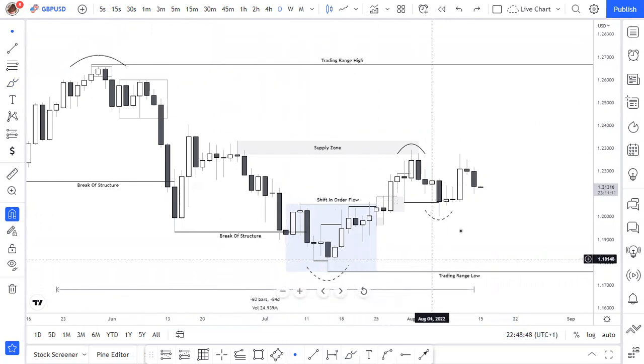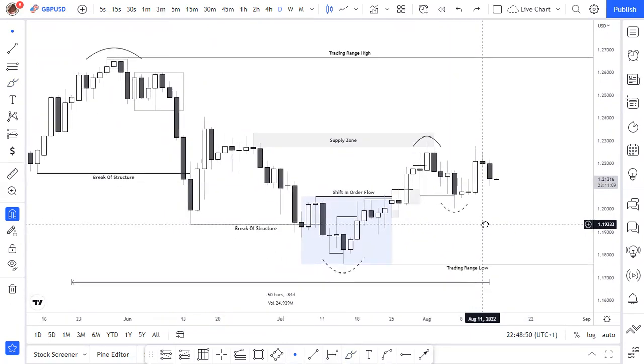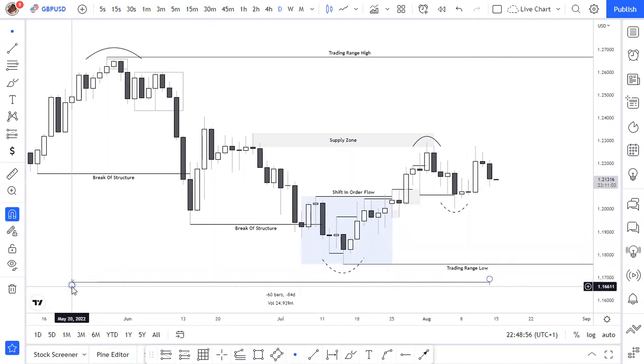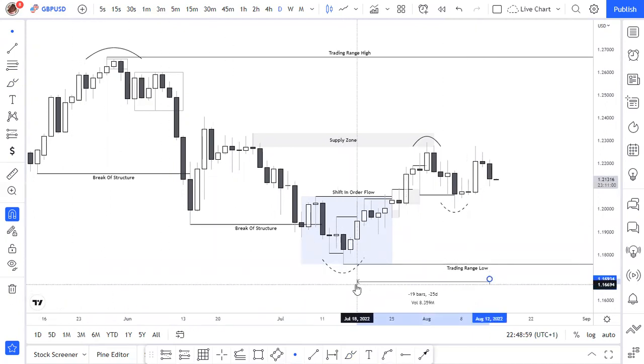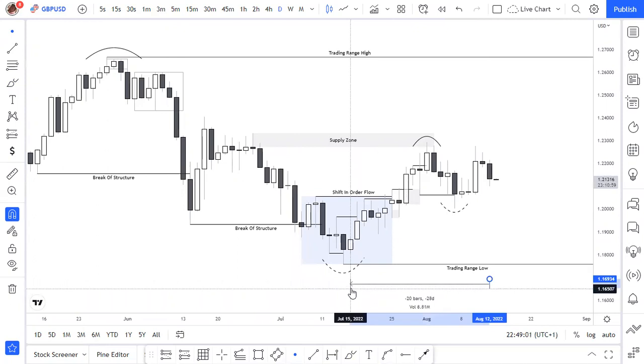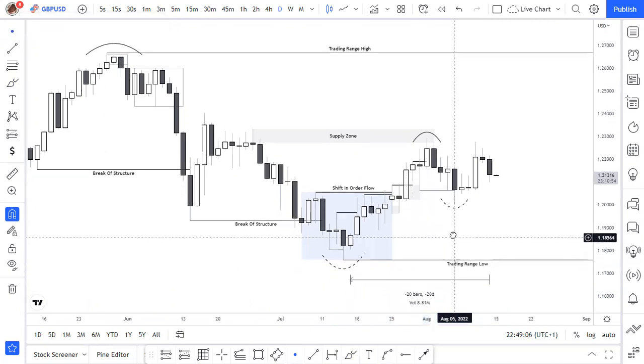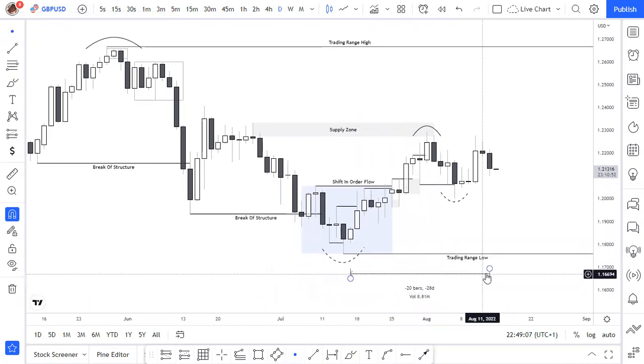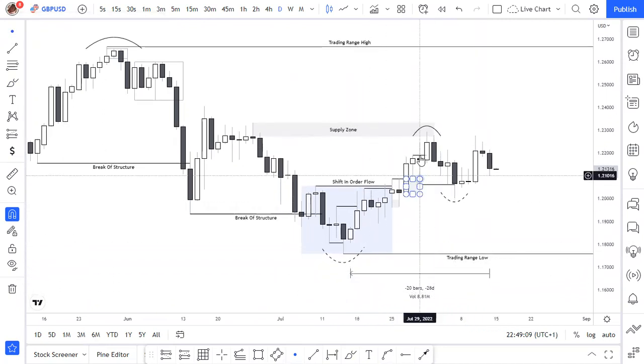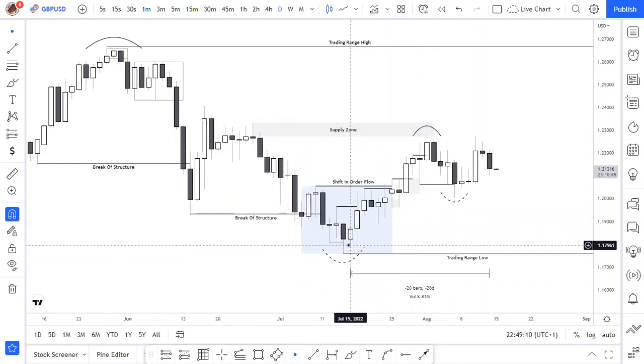Whenever I'm looking for my higher time frame ranges, my trading range, on a daily time frame I normally just look at the last 20 trading days. I will take notes of the highest high and the lowest low within the last 20 trading days. So here, the last 20 trading days, our highest high is here and our lowest low is somewhere here.